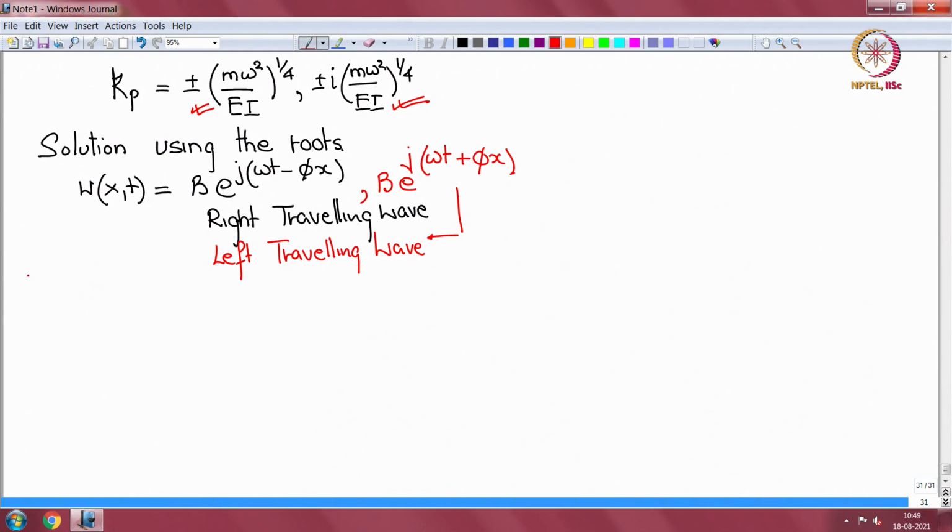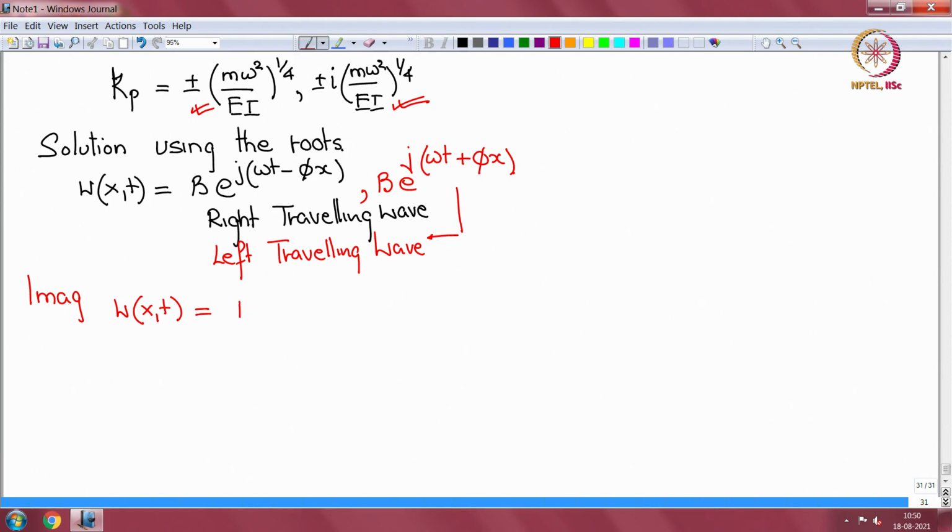If we choose the imaginary roots, then I have kp, let us say I take the positive imaginary.